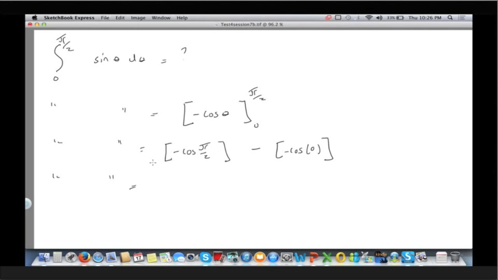So we get negative cosine of pi divided by 2 minus, in parentheses, negative cosine of 0. This is all equal to 1.